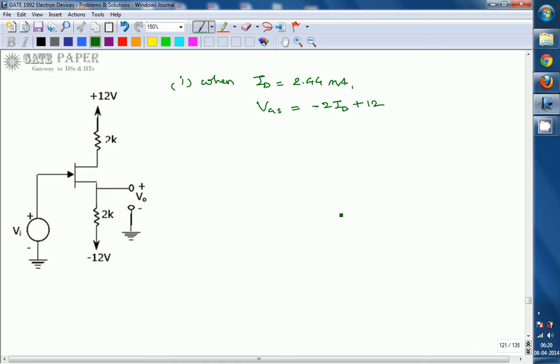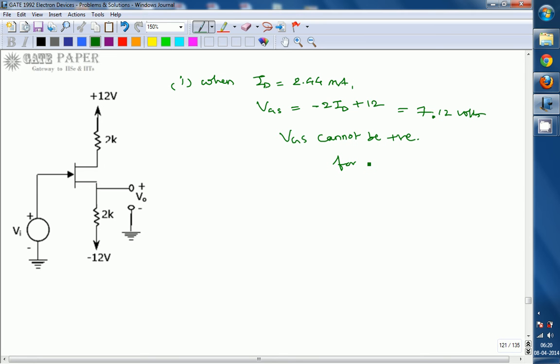If you substitute this, you will get 7.12 volts, which is positive. So we cannot go this way. VGS is equal to 7.12 volts, but VGS cannot be positive.